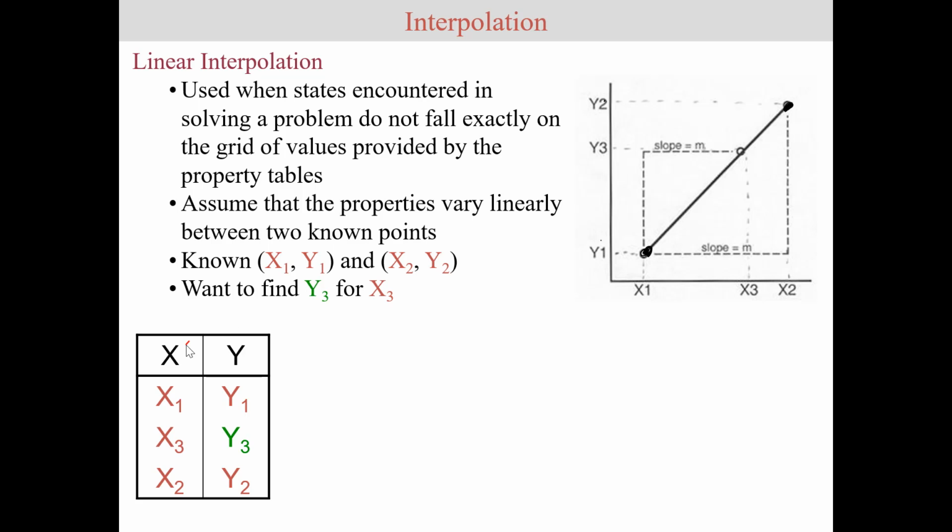Let's say we have an x and y point. x1 is tabulated, y1 is tabulated, x2 is tabulated, y2 is tabulated, but I want to find y3 based on x3. We assume that the values between state point 1 and point 2 are linear, linear being a line, mx plus b.